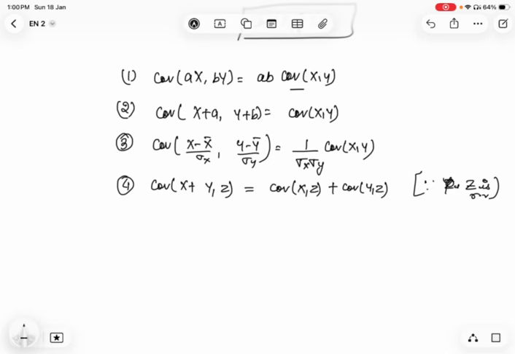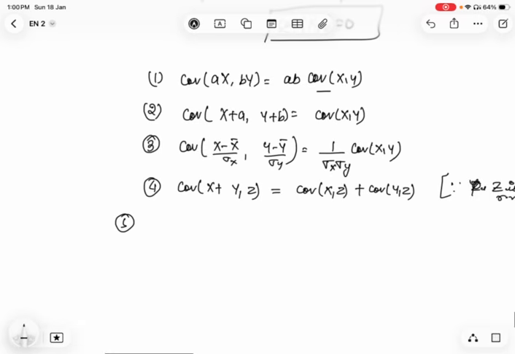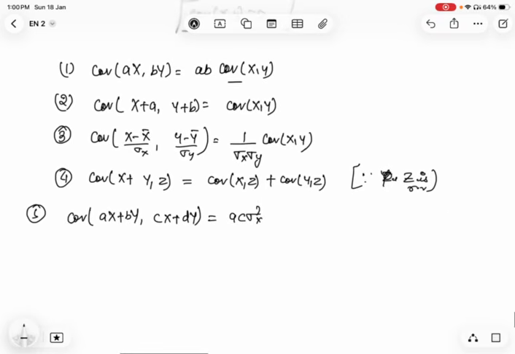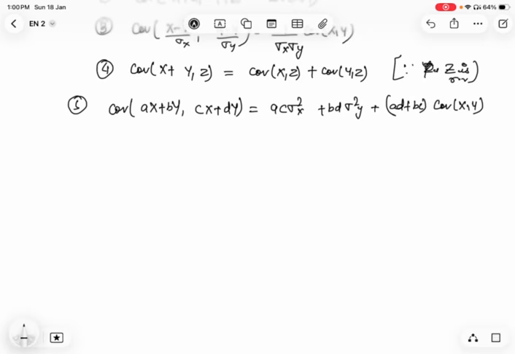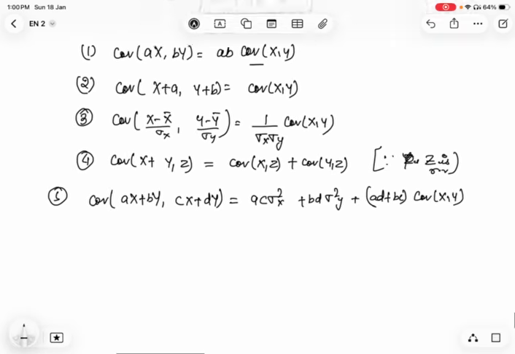Now, covariance of ax plus by, cx plus dy, is equal to ac sigma square x plus bd sigma square y plus (ad plus bc) covariance of xy. And I have also told that if they are independent, then covariance of x and y is equal to 0.